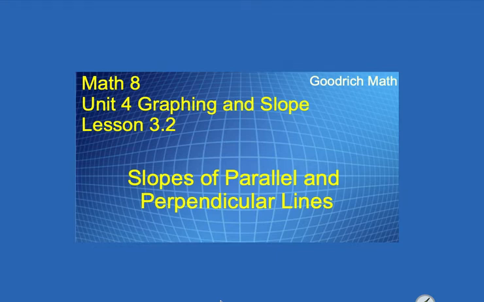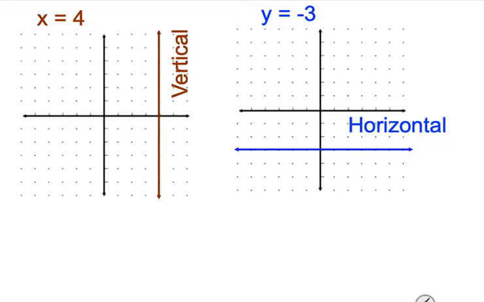Math 7, Unit 4, Graphing and Slope, Lesson 3, Part 2, Slopes of Parallel and Perpendicular Lines. First, let's consider the two special cases of horizontal and vertical lines. Now, about being parallel or perpendicular, the first thing to notice is that all horizontal lines are perpendicular to all vertical lines.